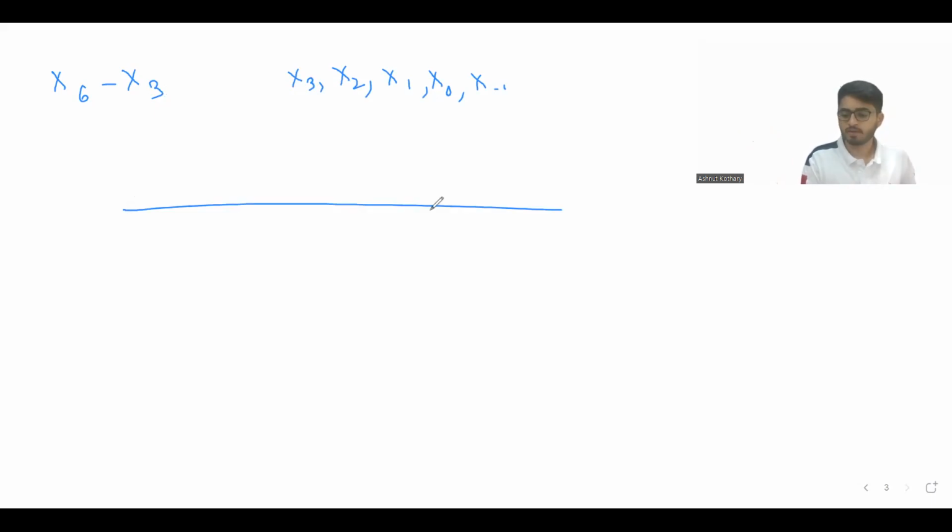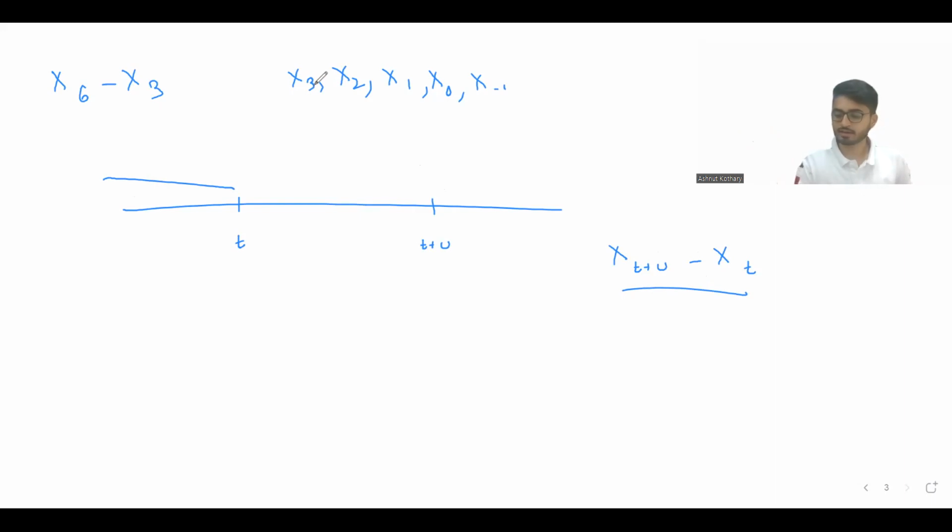So if I draw a timeline, let's say this is t plus u and this is t. And I have the increment xt plus u minus xt. This is independent of the entire thing on and before time t. And note that t is also included. x6 minus x3 is independent of x3 as well.